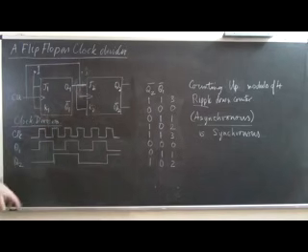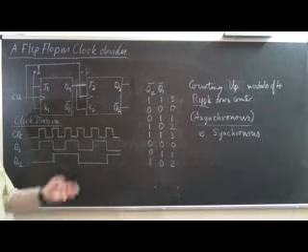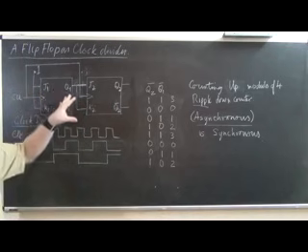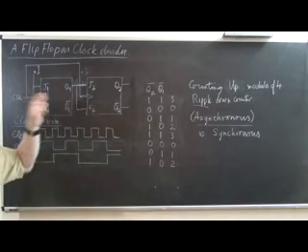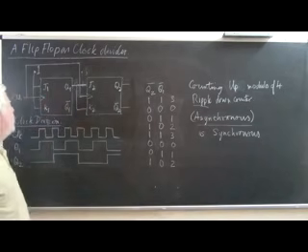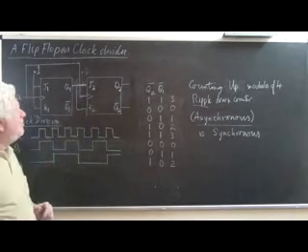The J and K terminals of the first flip-flop are both tied to 1, and this is identical to what we had done earlier for the asynchronous counter. So the first flip-flop in both counters does exactly the same thing. The second flip-flop, on the other hand, is not configured exactly as it was before.